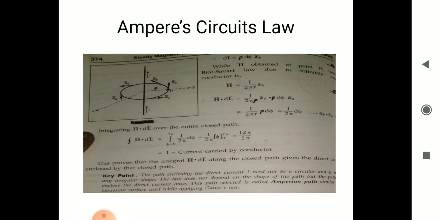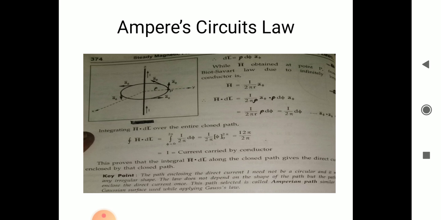The magnetic field intensity H bar at point P due to an infinitely long conductor, which we studied using Biot-Savart's law, is H bar is equal to I by 2 pi rho a phi bar.